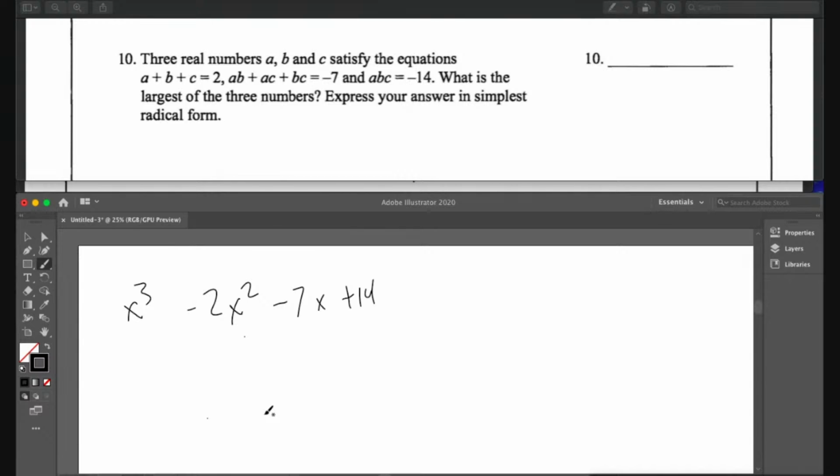So, do you want to talk about how you would do this without a graphing calculator? Well, then you just have to solve the cubic by hand, right? I guess you just solve the cubic by hand, which, I mean, it's not that great, but I guess you could use the rational root theorem.